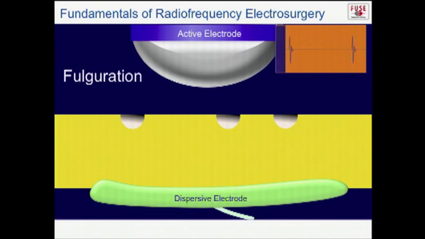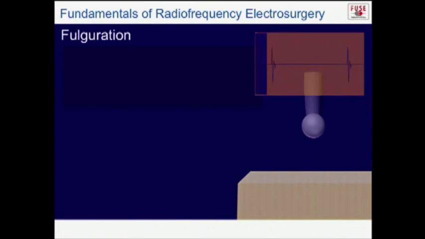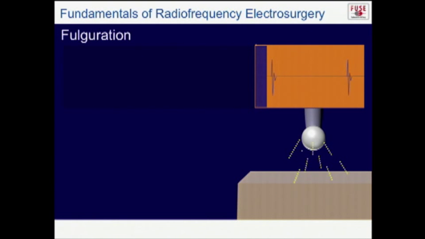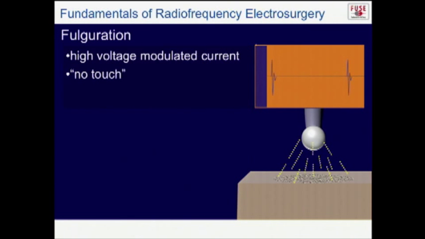If you don't touch the tissue, you probably won't get any more than about 0.5 millimeters in depth, because, as we said, it self-insulates. Okay? And so, fulguration, graphically depicted here: high voltage modulated current, no touch, large surface area electrode.